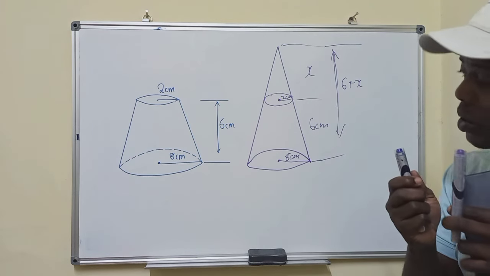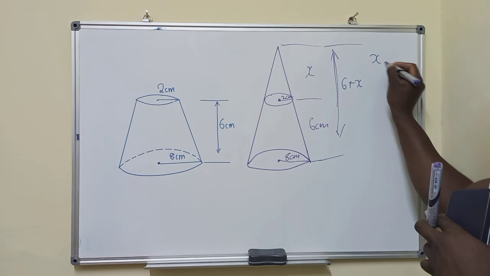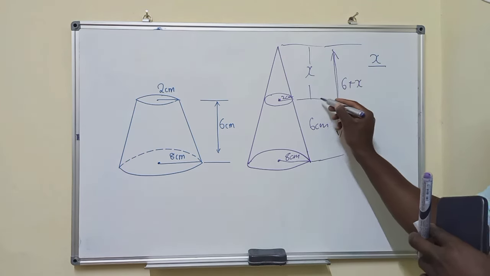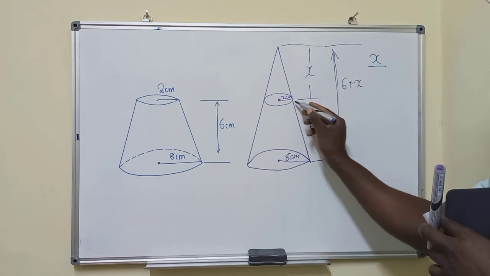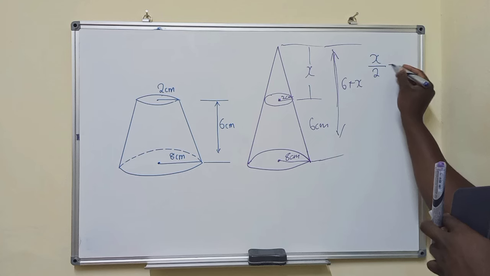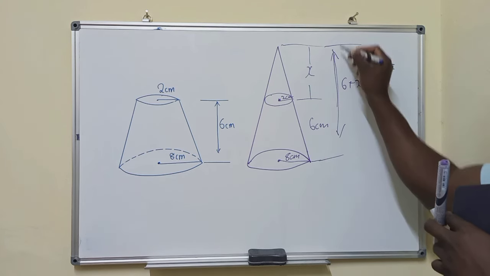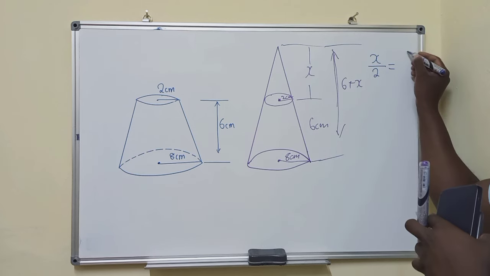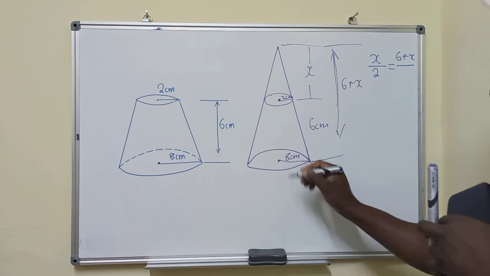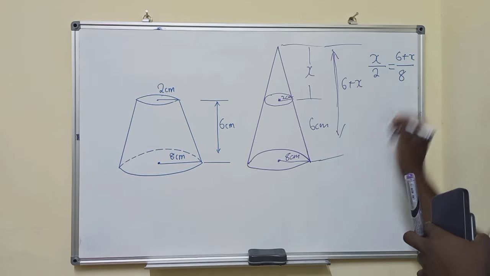So how do we find the value of x? All right, so we say x, the x which is right here for the part which has been cut, over the point at which this cone has been cut, which is 2, is equal to the height of the cone before it was cut, which is 6 plus x, over the radius of the entire cone, which is 8.